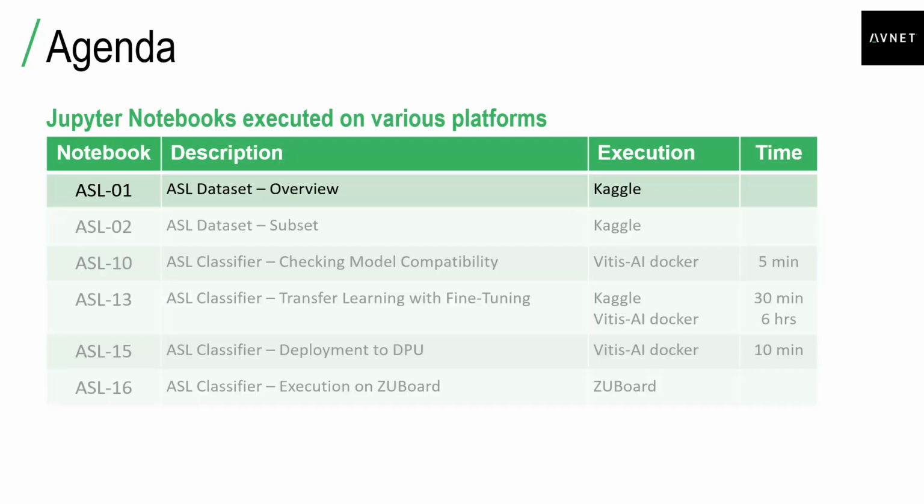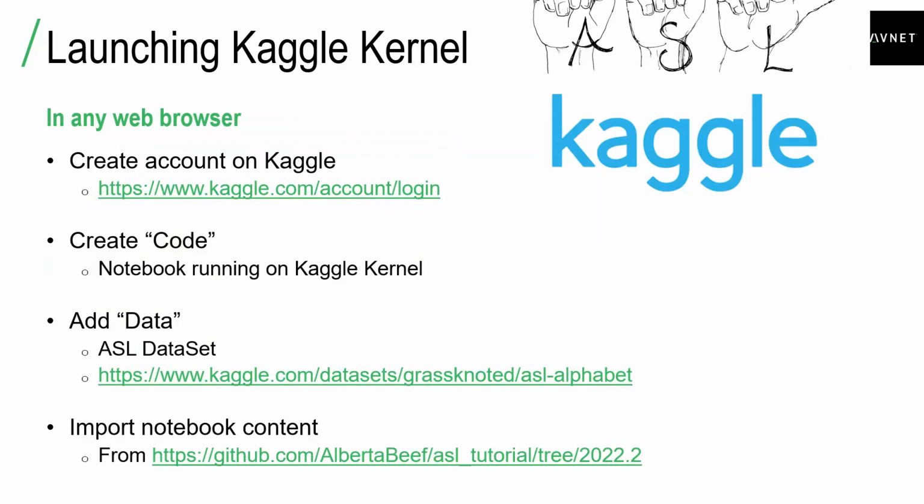For our first notebook, we need to first get started with Kaggle. So Kaggle is an online service that has a repository of datasets as well as server instances for running machine learning algorithms on these datasets. So the first thing that we'll do is create an account on Kaggle at the link provided here.